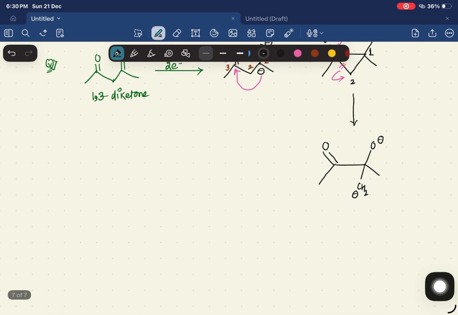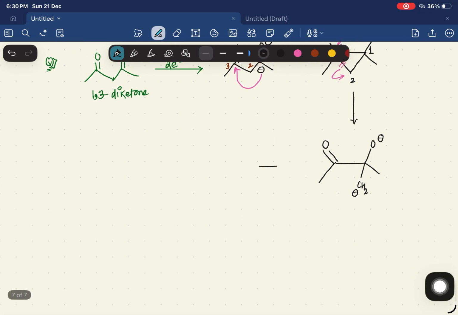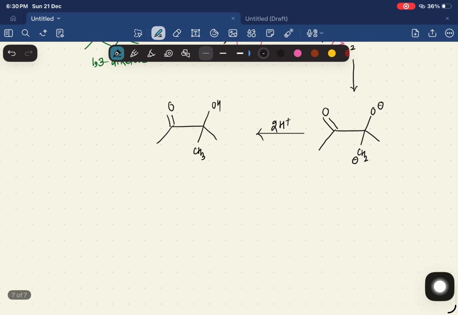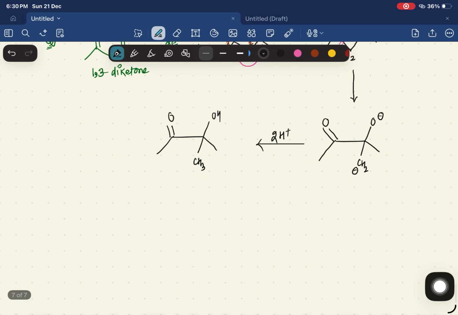Now 2H plus will come in, and we will get double bond O, here a methyl group, and here OH, and here a methyl group, and another methyl group has come out, right?